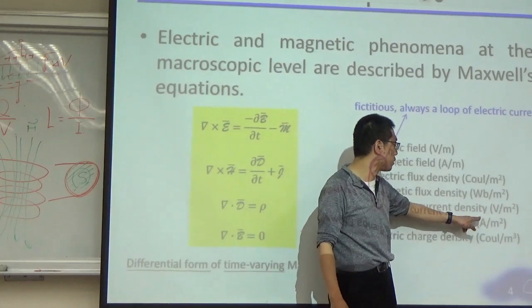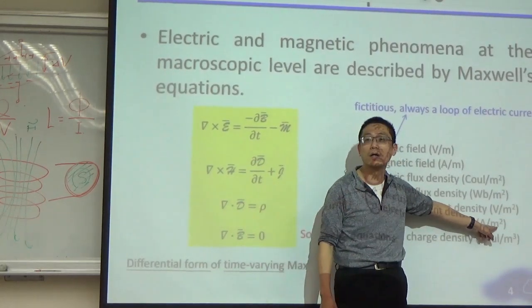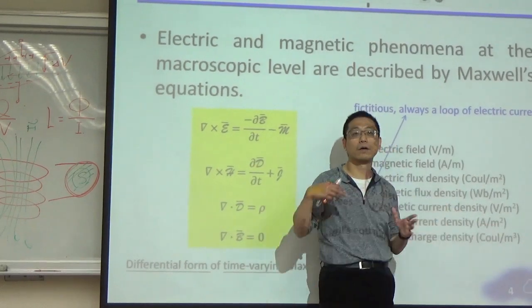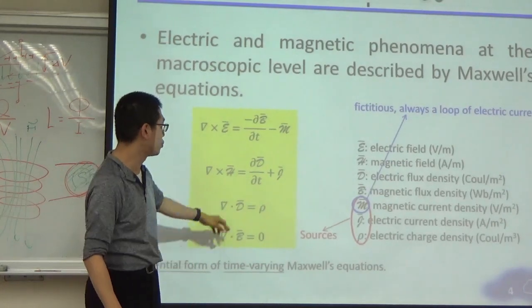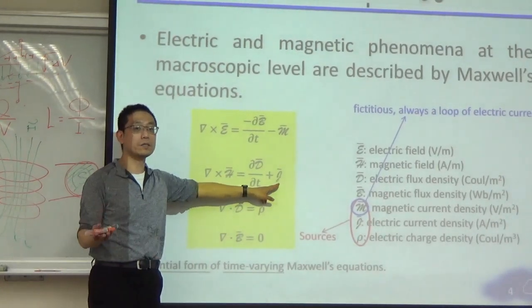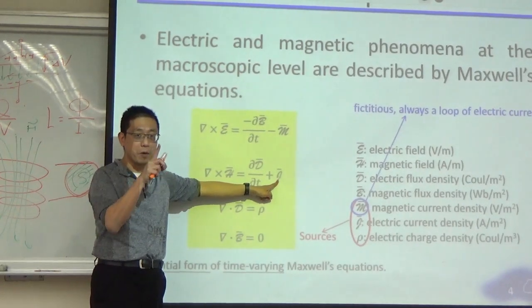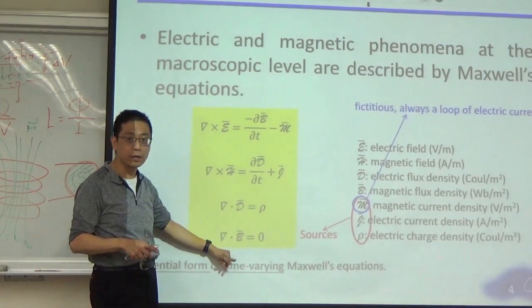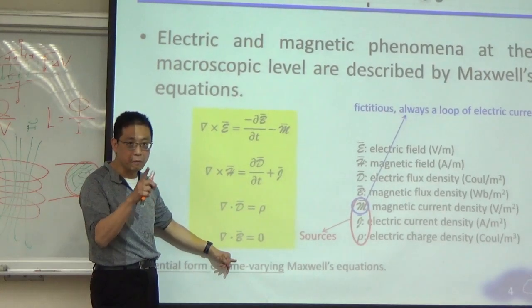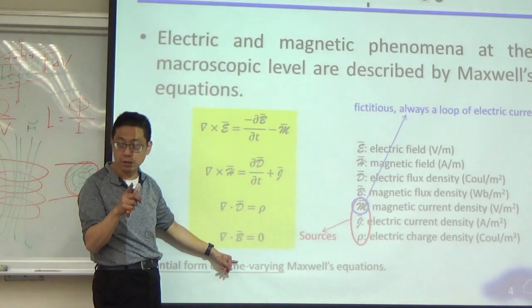The definition of J is current over area, the area you pass through. So this is J. This is a vector. Now you should remind yourself every time you see an equation, you need to know which one is a vector and which one is a scalar. It is important.